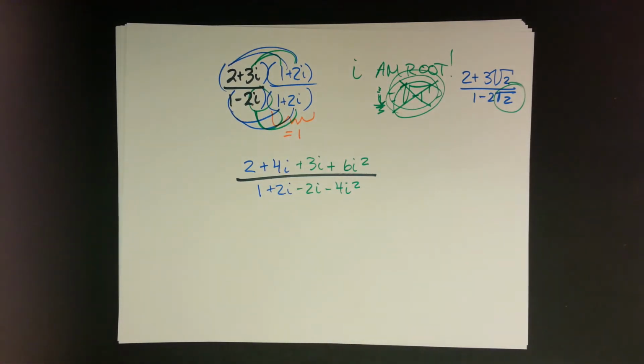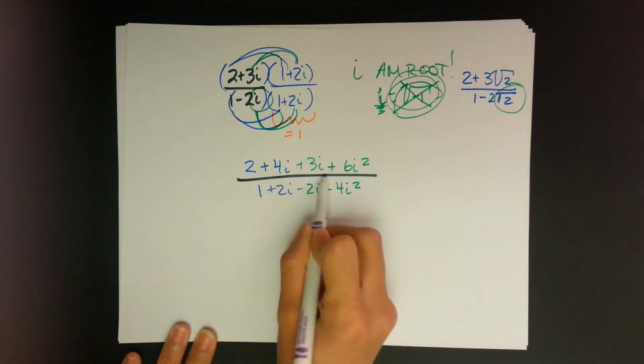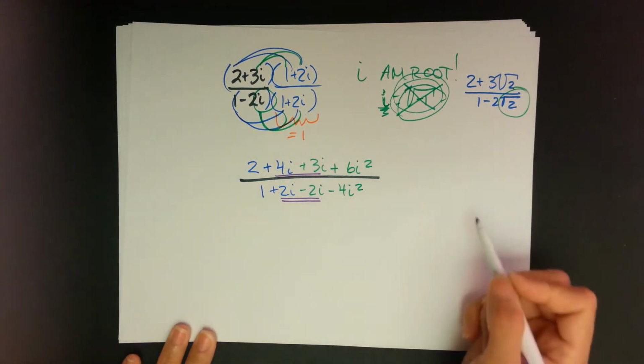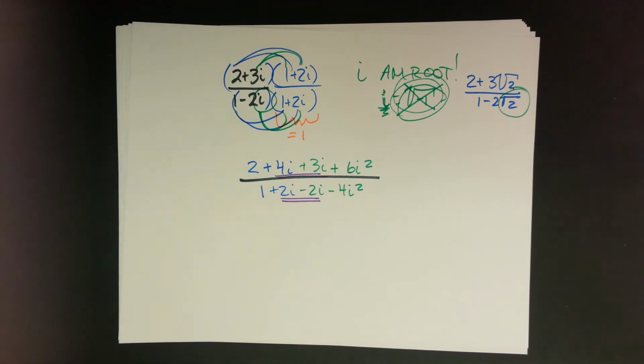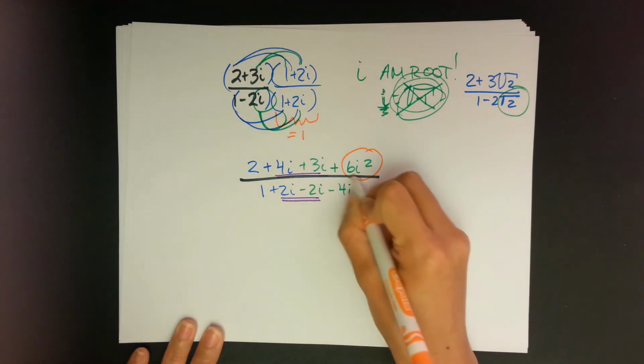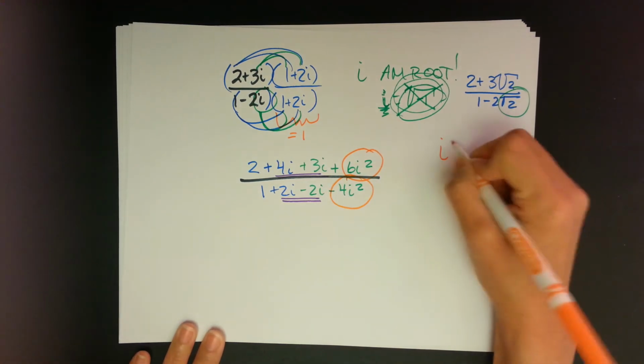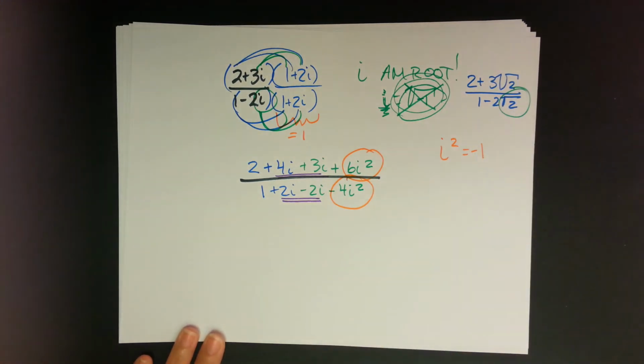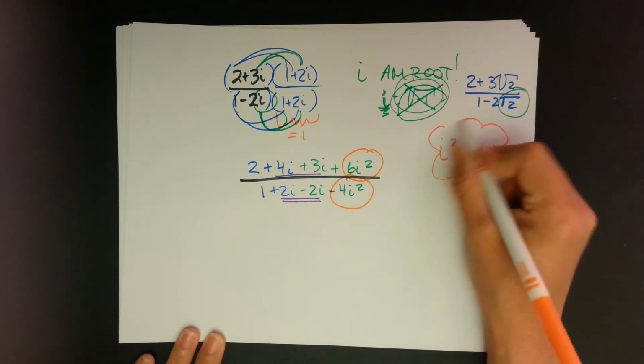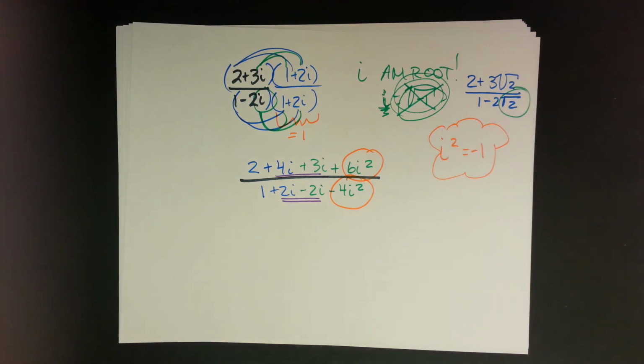And this is where you kind of have to remember your adding like terms, but also remember the big thing, one of the two big things, i squared is -1, right? So you're never going to leave an i squared in one of your problems.